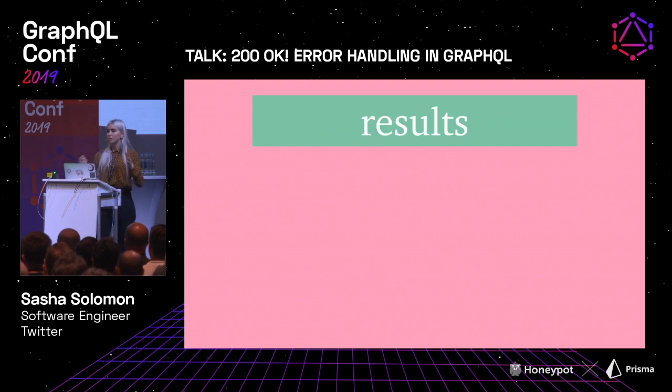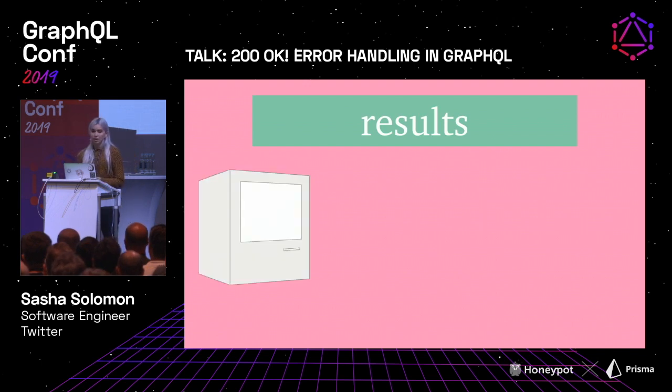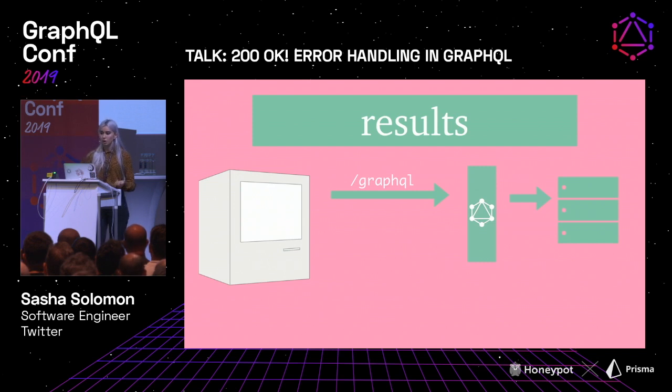So let's do the same. Let's walk through this again. First we have our fancy web client again, and we'll make a request like we did before to the /graphql endpoint. It hits our GraphQL server, and now it's going to hit our microservice or our backend, and we're going to get something back. So maybe a suspended user, or not available in country, or whatever.